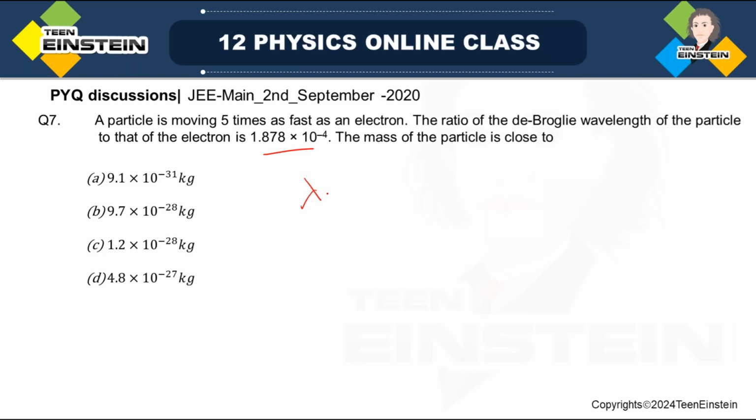So particle wavelength lambda p over lambda e. This ratio is given as 1.87 times 10 to the power minus 4.